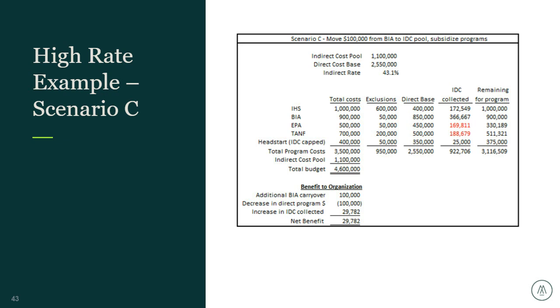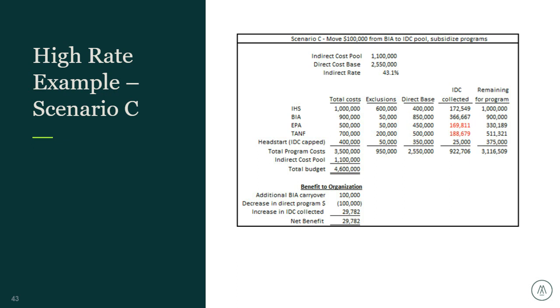The decrease in the program will be lower because in this instance we were able to subsidize those EPA and TANF programs, so indirect cost collected will be similar to the original initial scenario. And we also will have the increase in indirect cost collected. So net benefit will still be $30,000, and this scenario will still be beneficial for the organization.